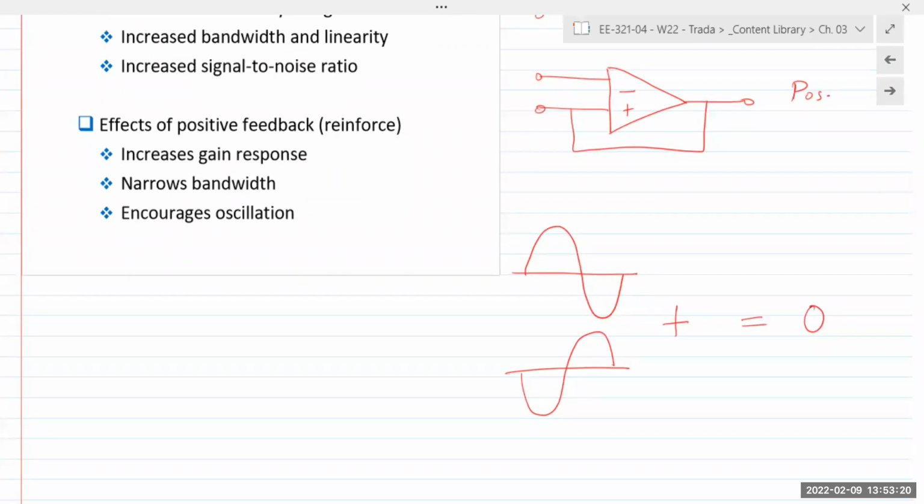If you have noise cancellation headphones, what they're doing is they have microphones that capture the ambient noise, invert its phase by 180 degrees, meaning you apply it to the negative inverting terminal, add it up to the original signal, and output goes to 0.